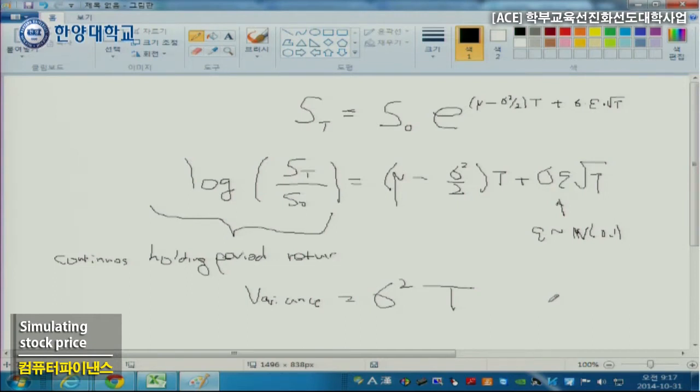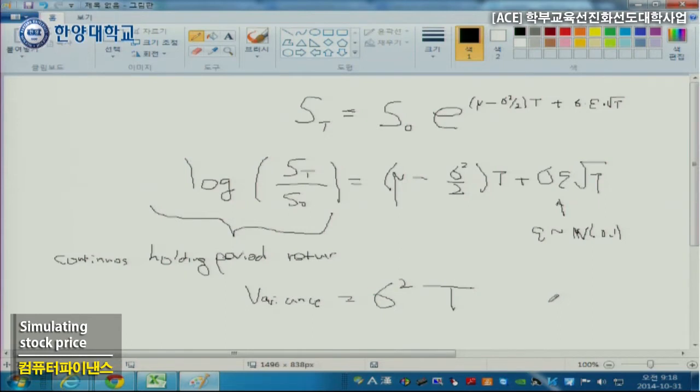If the market is efficient such that no one can make money by simply observing today's stock return, then stock returns should be independent, right? Today's stock return should not contain any information about future return. It means they should be independent. Independent, then variance should be proportional to the time. So this term makes sense, okay?